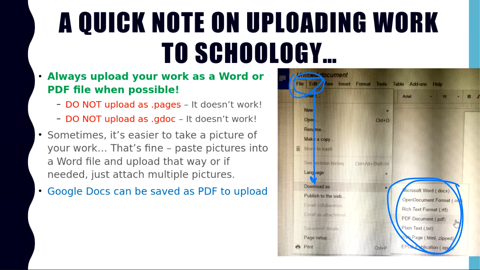Take a picture of it, paste it into a Word doc, paste it into something else, and then upload that to the assignment. I have no problem with hand-drawn graphs as long as they are neat and precise and I can read them. If you submit a picture that is just fuzzy and I can't read it, I can't give you any points for fuzzy. So just keep that in mind.